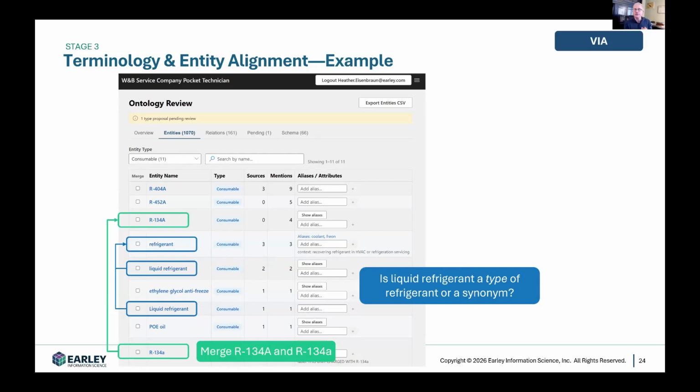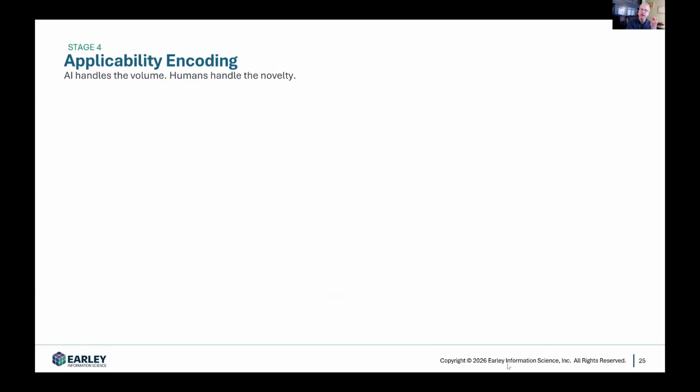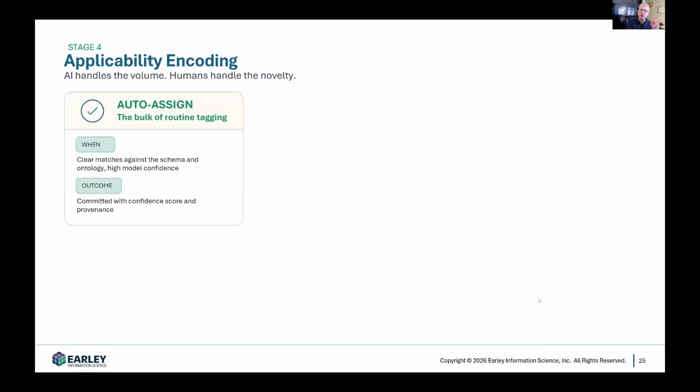We also have the vocabularies, which Heather is referring to right now. So we need to harmonize the vocabularies because things will be called different things in different systems, and we need to make sure that those are consistent. So the taxonomies and the vocabularies are really a core component to all of this, and that's getting clear on what terms we use and what they mean.